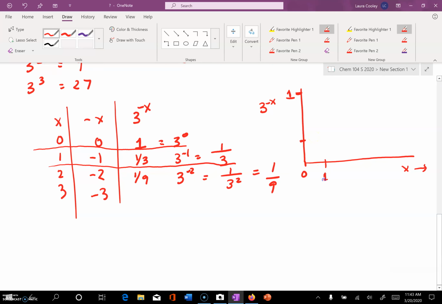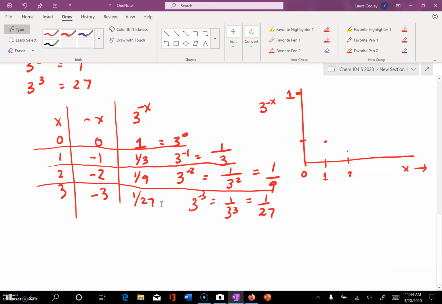At 2, now it's 1/9. And here, 1 over 3 to the third is 1/27th. So by the time you get out here to x equals 3, this function has decayed incredibly much.